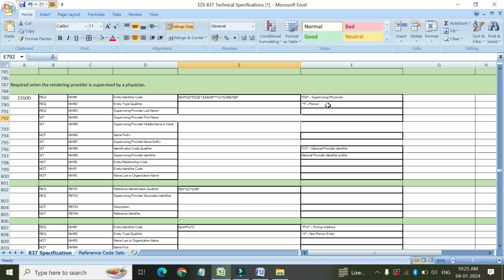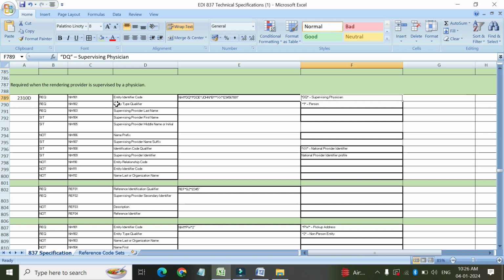So suppose some nurse practitioner is treating you, but it is important that they are being supervised by someone, like a senior doctor or an actual doctor. So that doctor is called the supervising physician, and your nurse practitioner will be the rendering physician. So remember, in this case, the doctor who is supervising the nurse practitioner is the supervising physician.